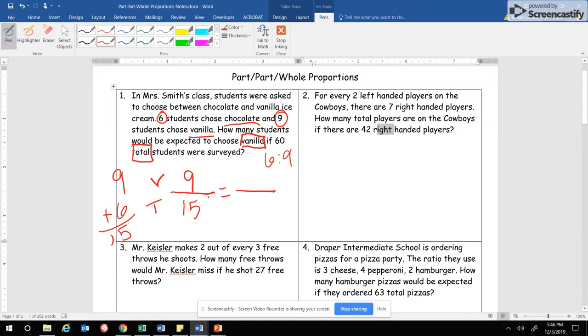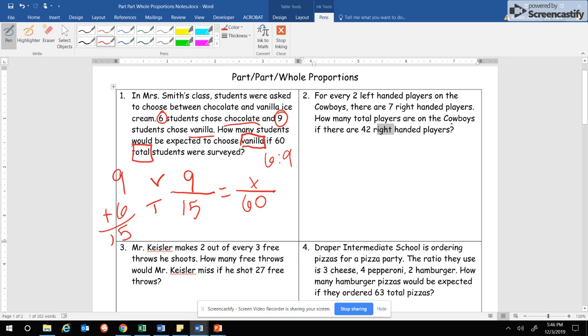So my original ratio that's going to go over here on the left is 9 to 15. And then it wants to know how many students would be expected to choose vanilla if there were 60 total. So I'm putting 60 on the bottom with the total. And then from there, we can solve this the same way as always. I'm going to let you go ahead and solve it. We're just going to set these up on the notes. So you're solving this one.